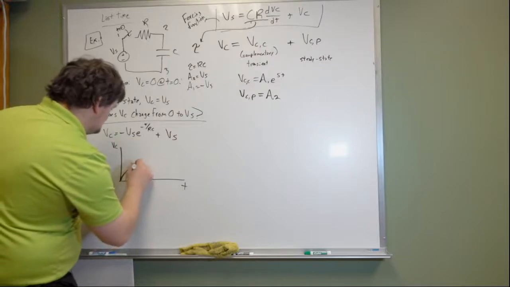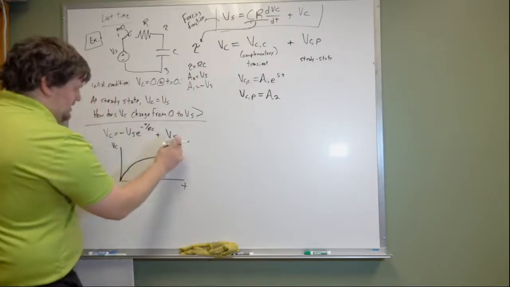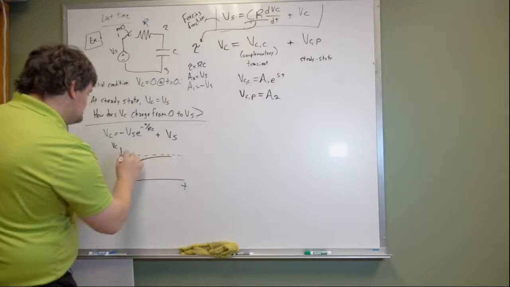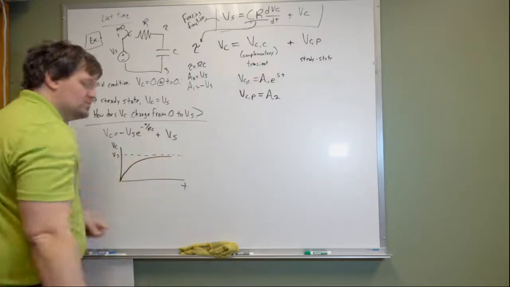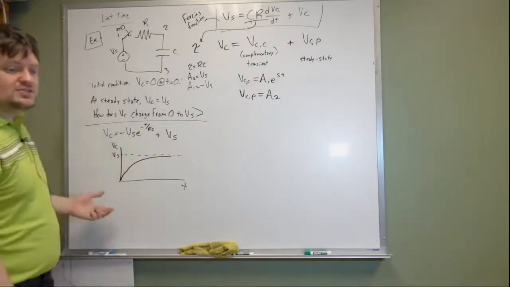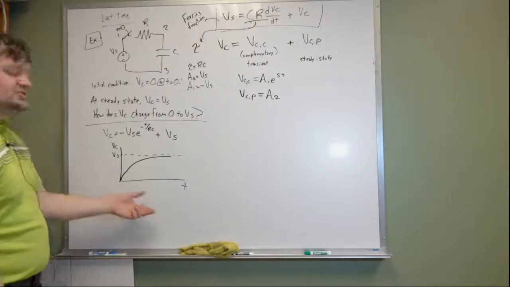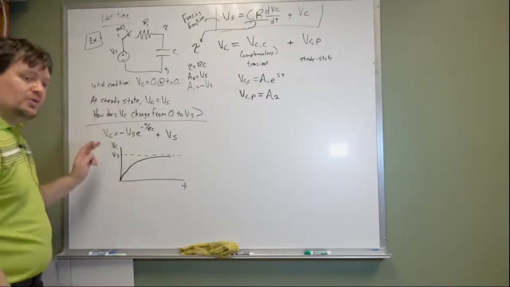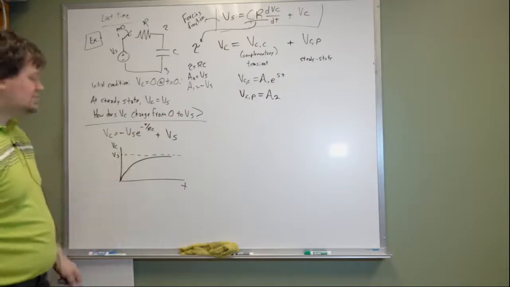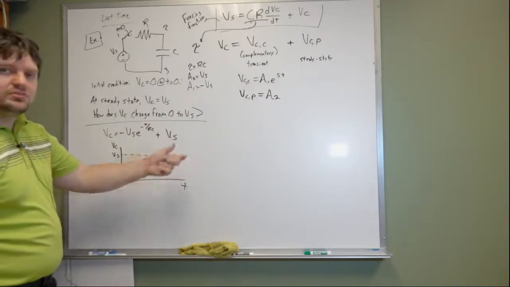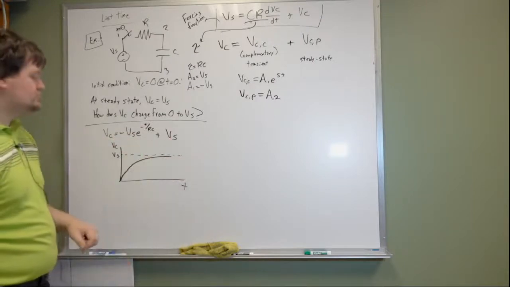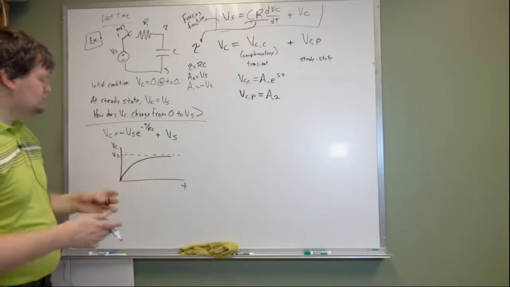It's an exponential function. And it slowly approaches the long-term behavior, which is Vs. And this is what the graph of Vc over t looks like. Okay? We have an exponentially increasing function that is slowing down because it's slowly getting closer to Vs, which is great.